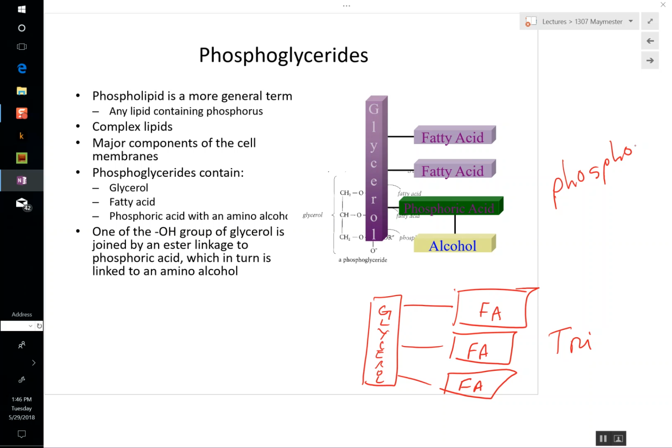What is that cell membrane made out of? In most cases, phosphoglycerides. There's other things in there. About 60% of it will be these kinds of molecules. So don't let anybody convince you that you can live without fat or you need no fat in your diet. There are very essential fats in your nutritional makeup and in your body. And phosphoglycerides is one example of it.